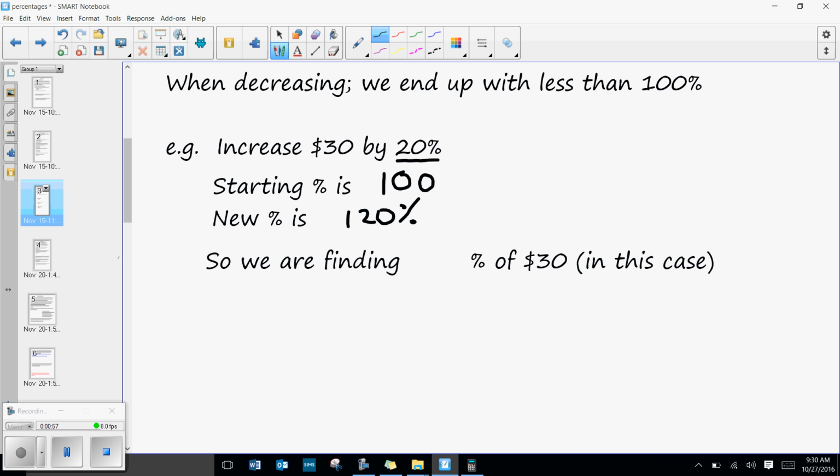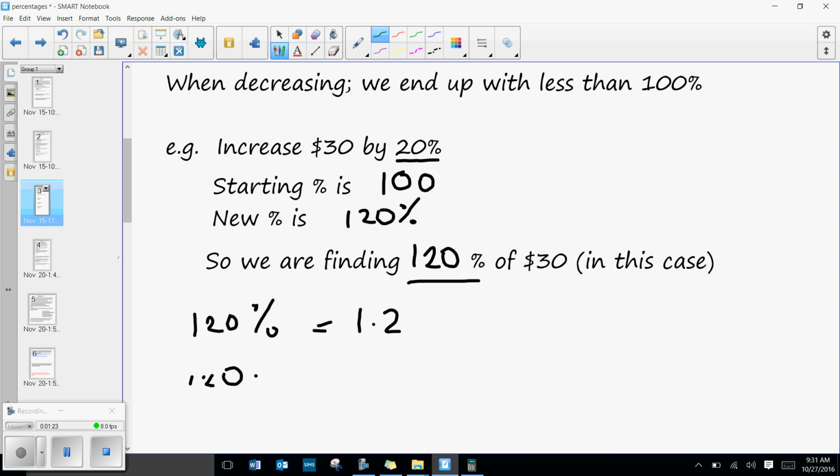If you recall, finding a percentage of an amount, we would change the percentage to a decimal. So 120% as a decimal would be 1.2. Remember, you're dividing it by 100. And we then multiply that by the value.